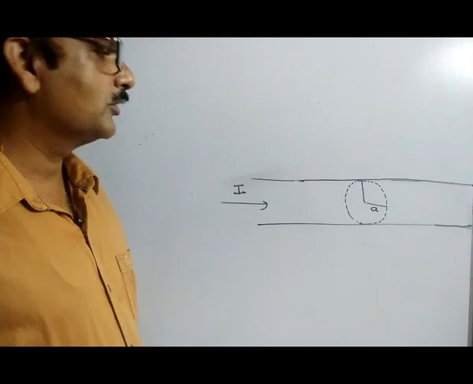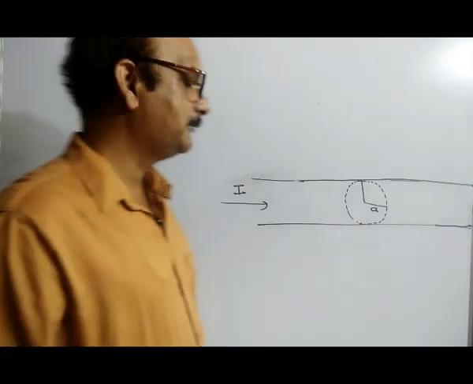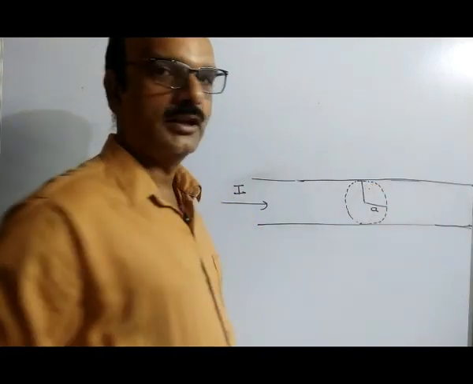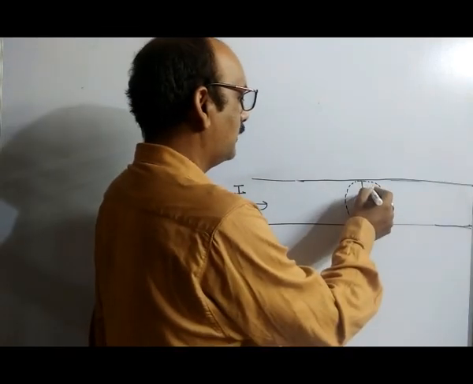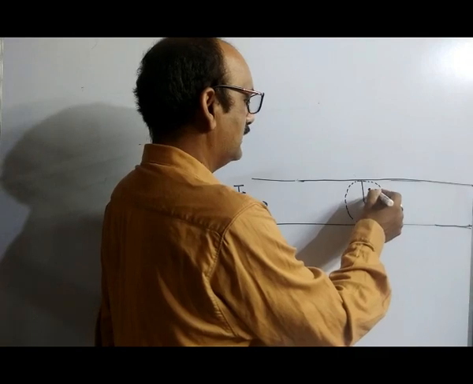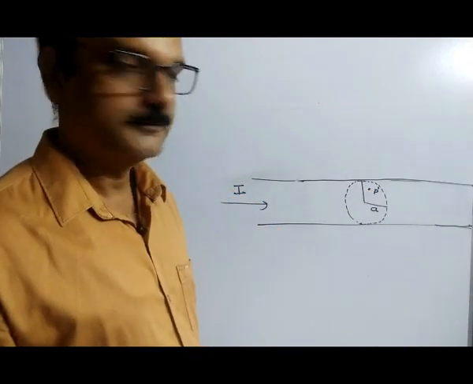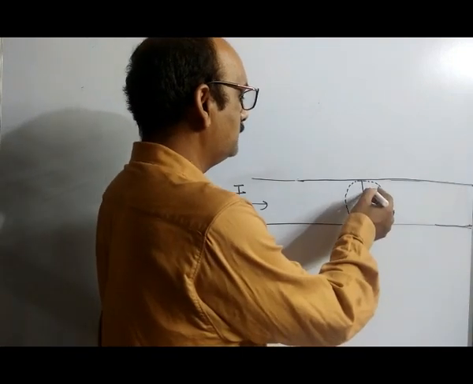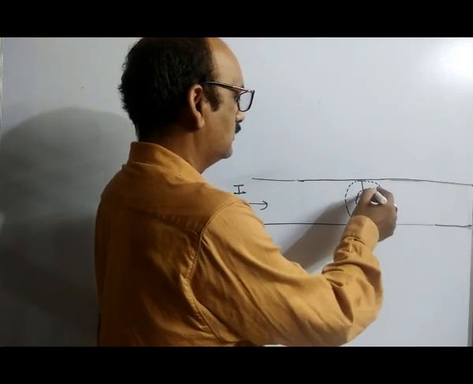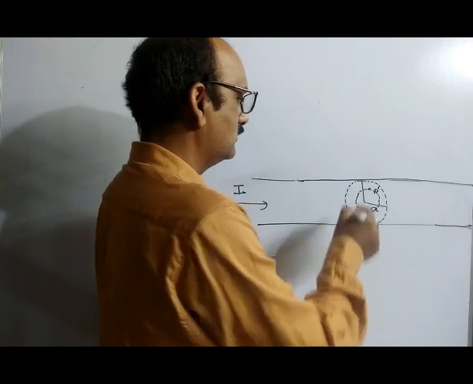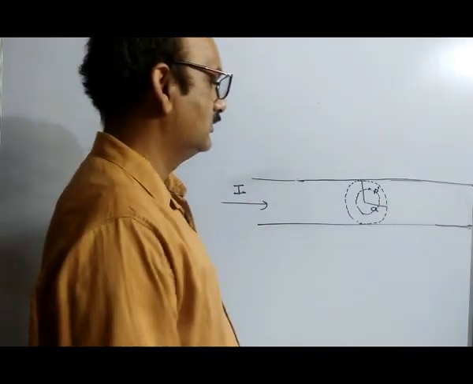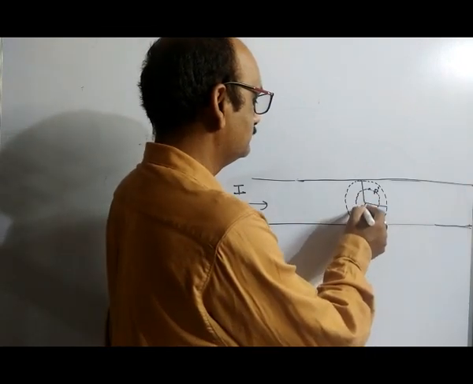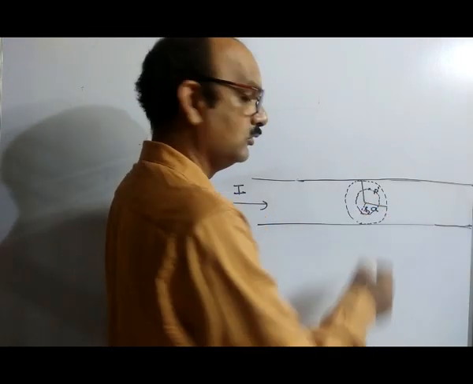Now we are going to calculate magnetic field inside the conductor, that is at the point P dash. Right. Now draw an Amperian loop which will pass through the P dash and it will be circular form of radius r2.